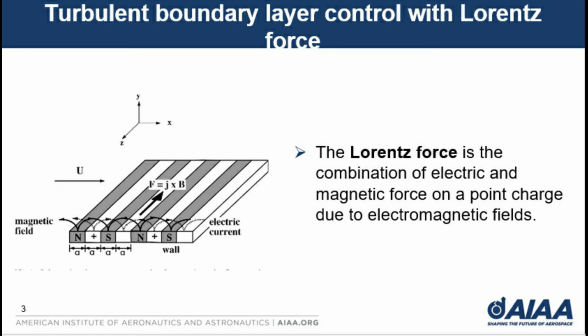Unfortunately, accounting for several methods using the Lorentz force, it requires great cost of input power to accomplish skin friction drag reduction. Taking into consideration the power required, this method is not considered practical.